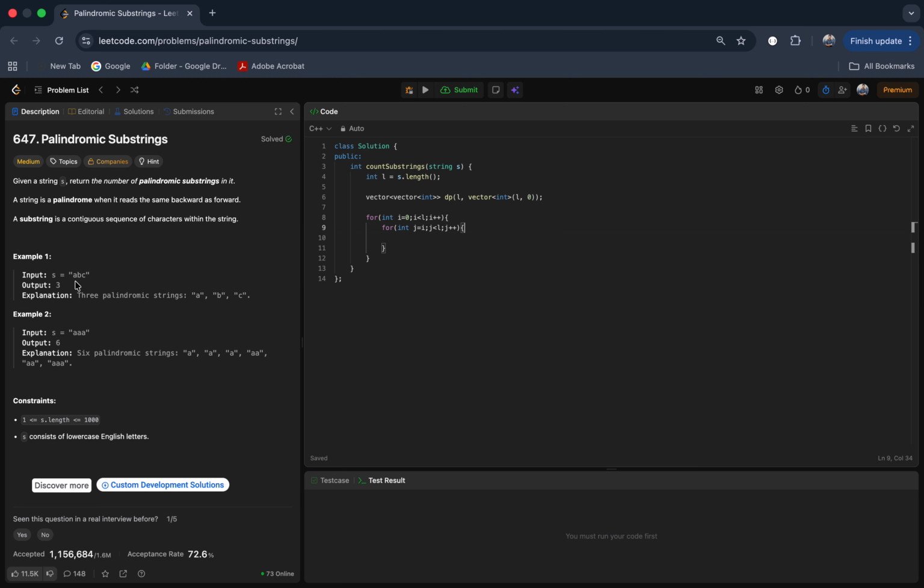So here if i equals 0, j equals 2, whenever we are able to get some palindrome, we go to i plus 1 and j minus 1. So with i plus 1 and j minus 1, we are getting to a lower value.